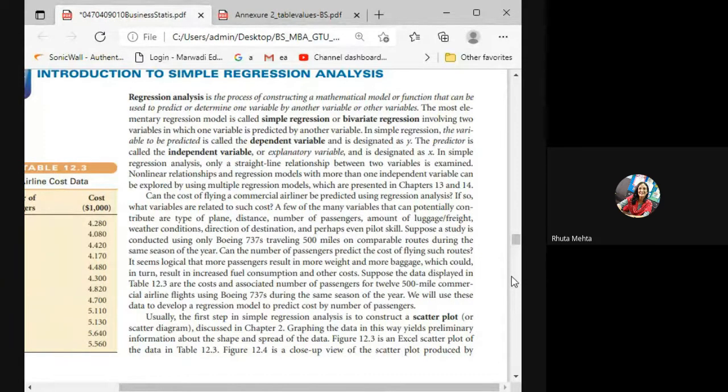Is this clear, everybody? If you wish, you can write it down. Dependent variable, which is to be predicted by using the independent variable.